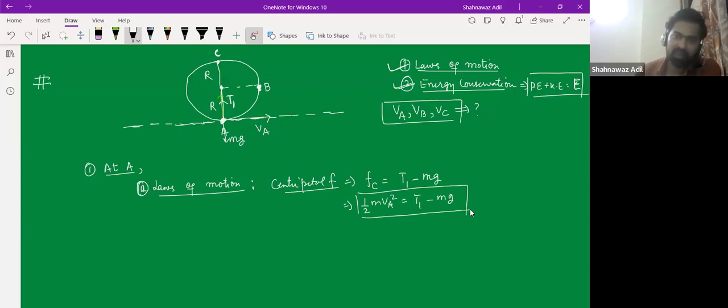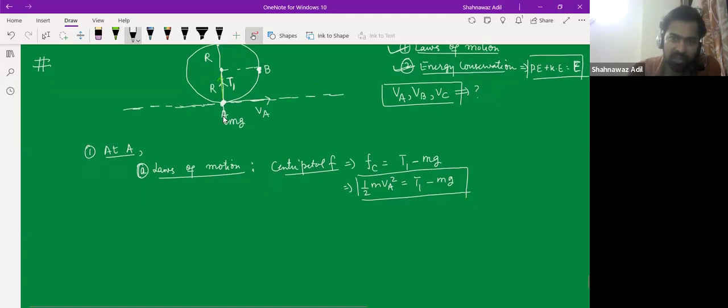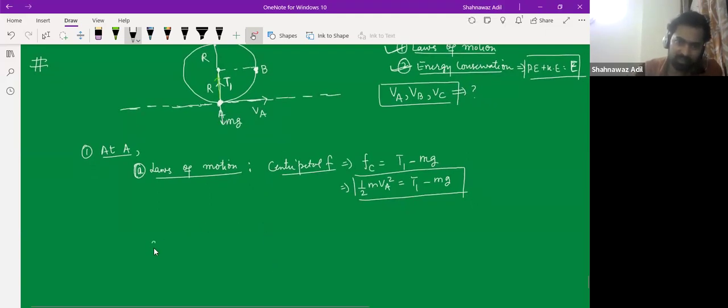And what else do I have? Let me write the total energy at this point. Total energy, that is E, and how much would this be? I have chosen this reference, so height is 0, and potential energy is 0.